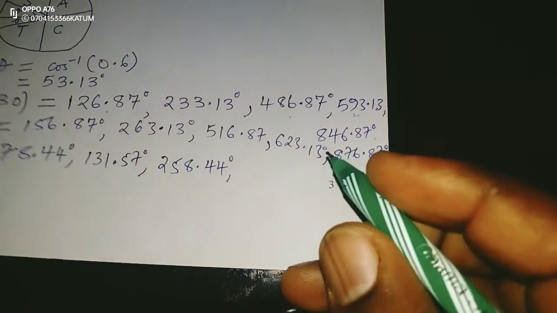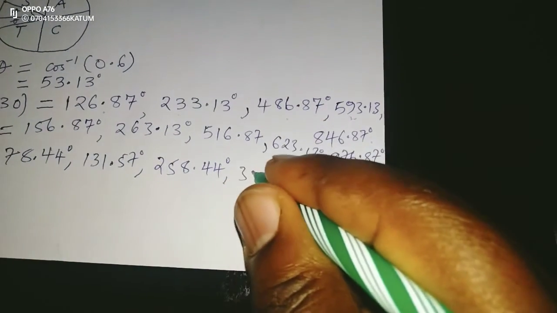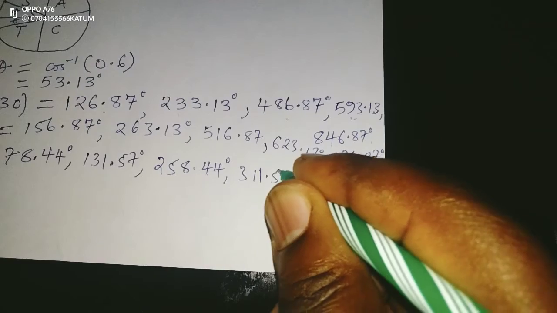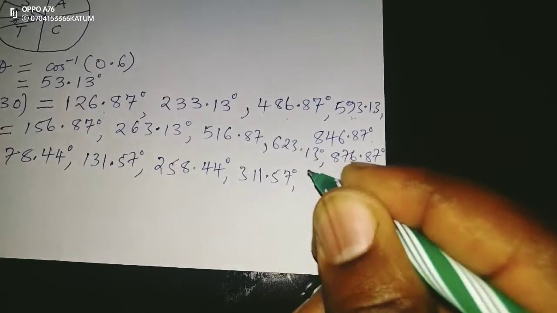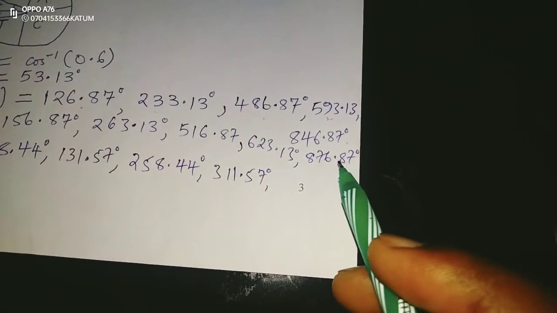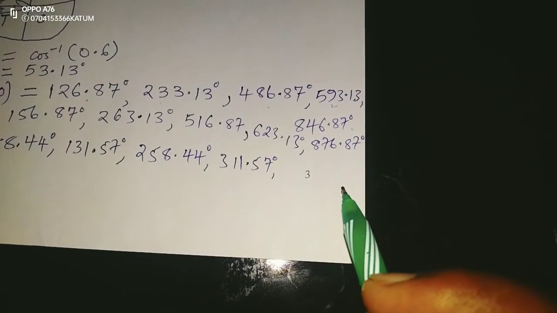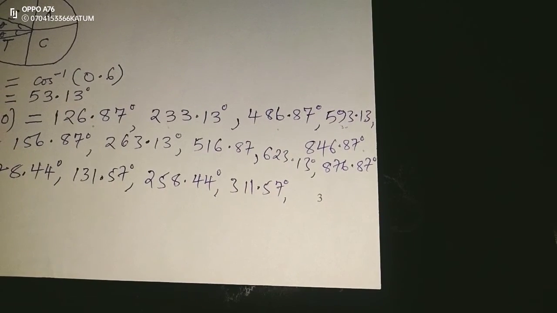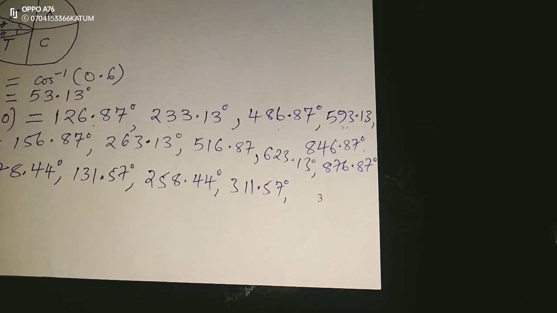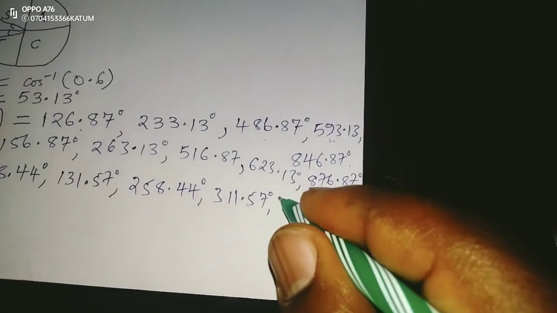This becomes 311.57. And finally, 876.87 out of 2 becomes 438.44 degrees.